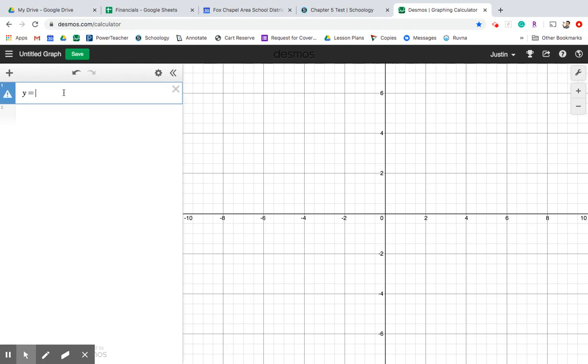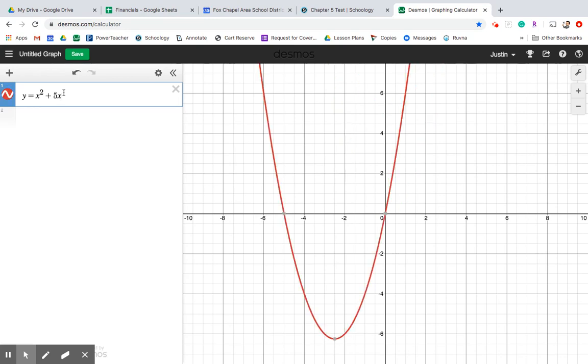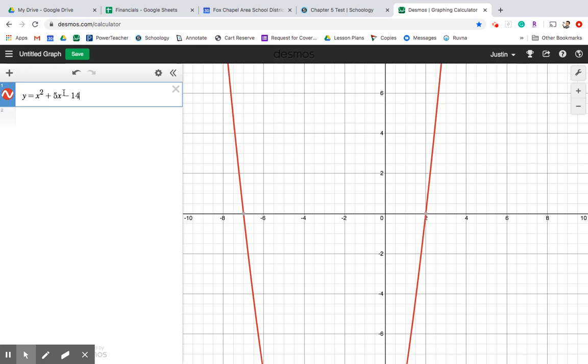Y equals x squared plus 5x minus 14. And we have 2 and -7.